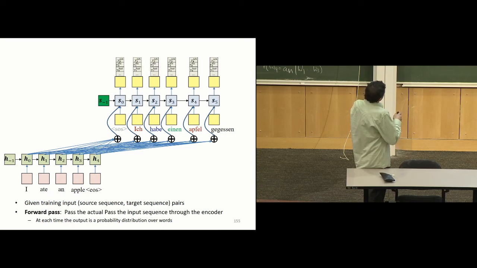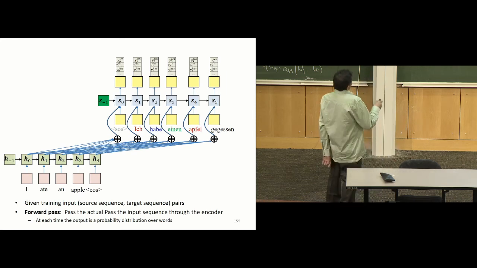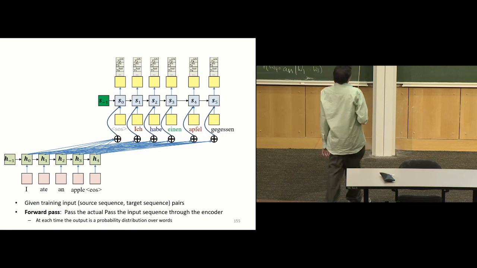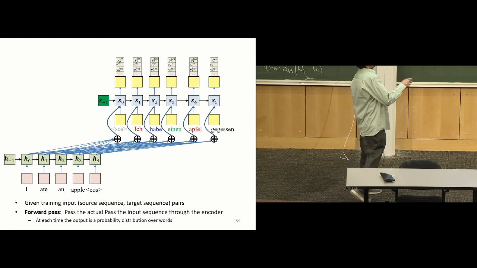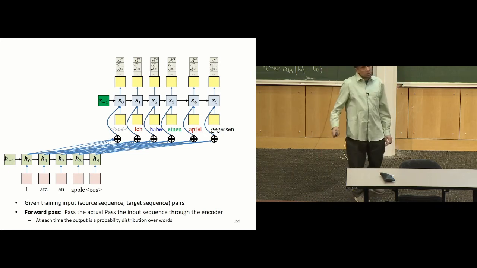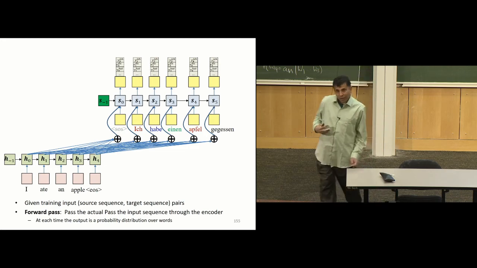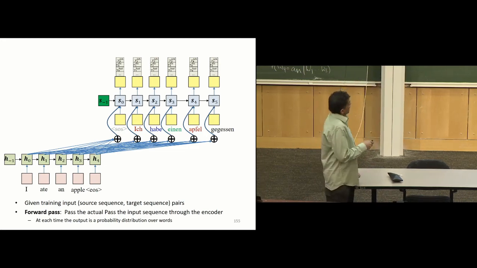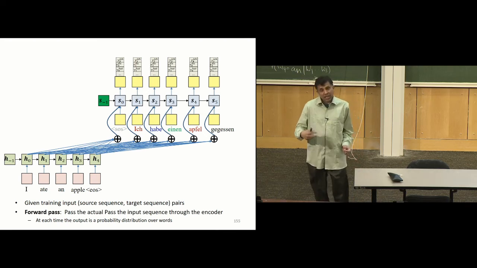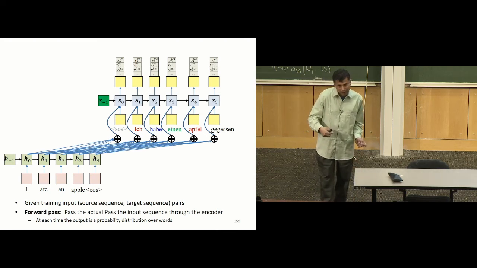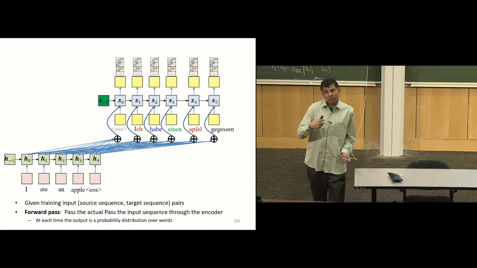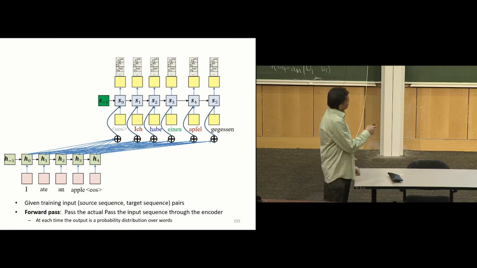In the forward pass, you would initialize all the parameters of the network. You'd pass the input through the network, and these hidden representations are then used to produce outputs. Remember that if you were performing inference, at each time you would be drawing a word. But now, you're not going to be using the drawn word as the input over here.